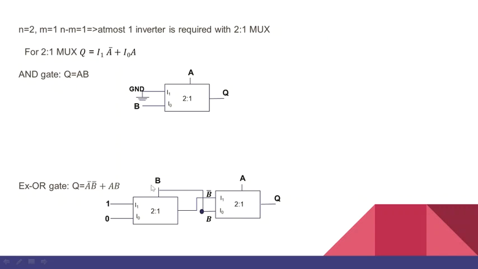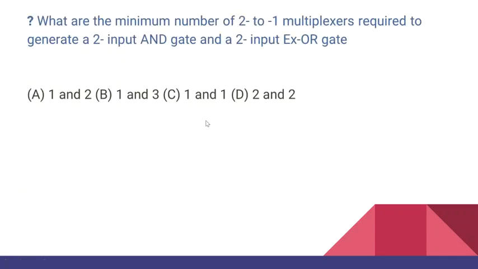So here we have B, and when B is 0, I1 is the output. So we will obtain B bar here and B directly to the I0 we are giving, and we will get A bar. When this is 0, B bar is the output. So A bar B bar plus A B is Q. So here we need two 2:1 mux, and here we need a single 2:1 mux. So the answer is option A.